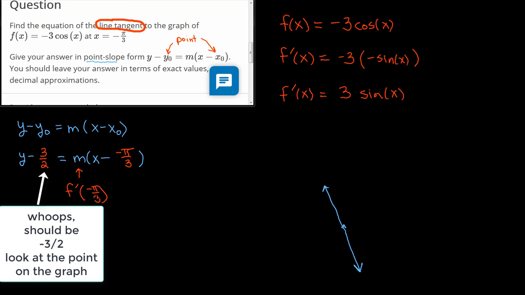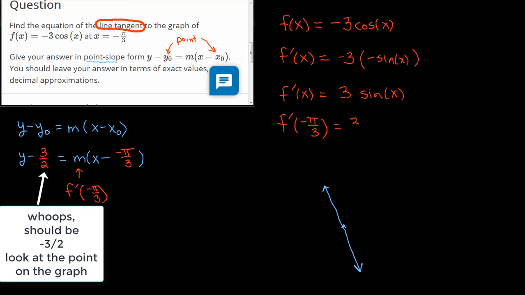And then the next step is we need to plug in negative pi over 3, because that's what we wanted. This is the derivative function, and so if we want the slope of a particular tangent line, we've got to put in the x-coordinate of the point on the tangent line.